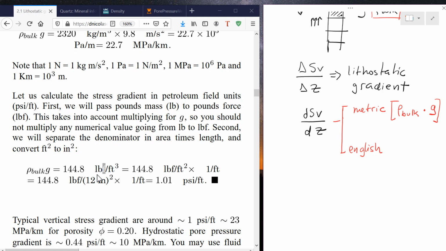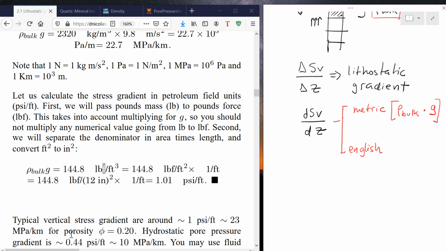So, for example, you could have a rock which weighs 144.8 pounds of mass. If you want to convert that to force, the only thing you have to do is just call it a force, and that's all you have to do.